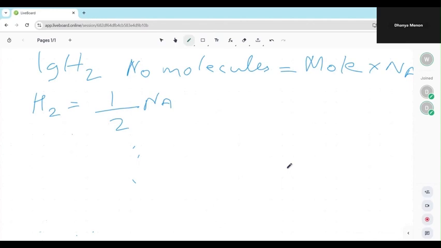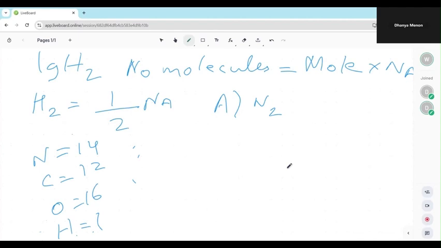The first one, A, is nitrogen. I'll just mention the atomic masses: nitrogen is 14, carbon is 12, oxygen is 16, hydrogen is 1. Now, they have mentioned the mass of nitrogen as 14, over the molar mass of nitrogen, which is 14, but we have 2 atoms, so 28.